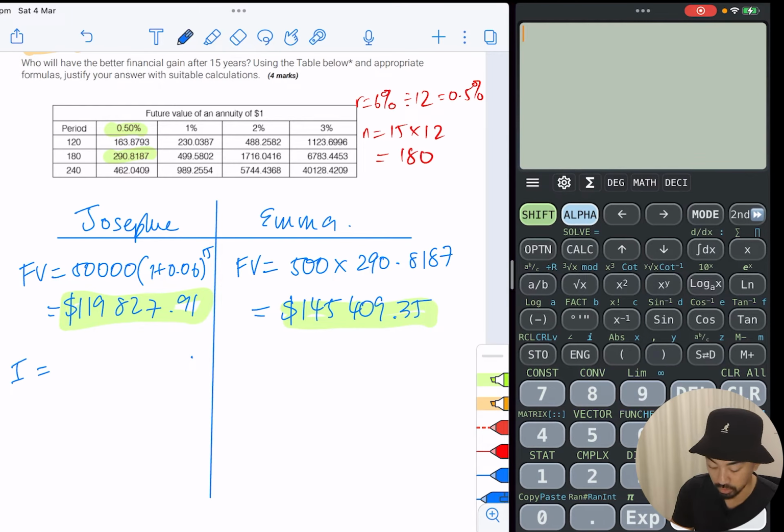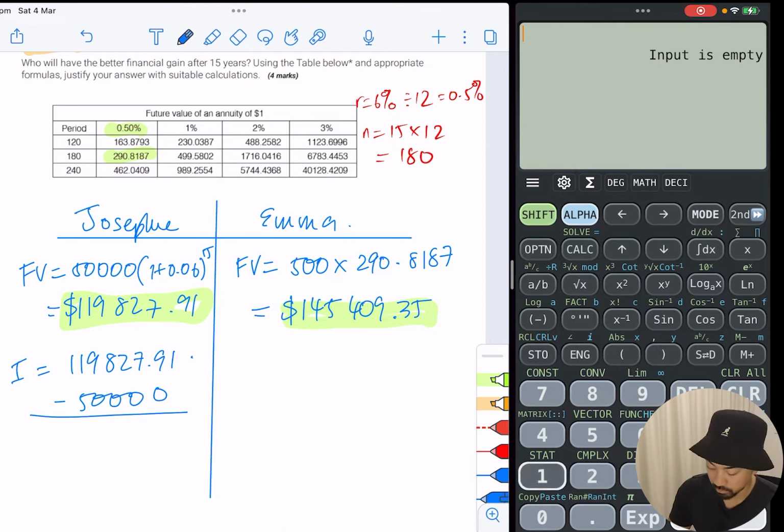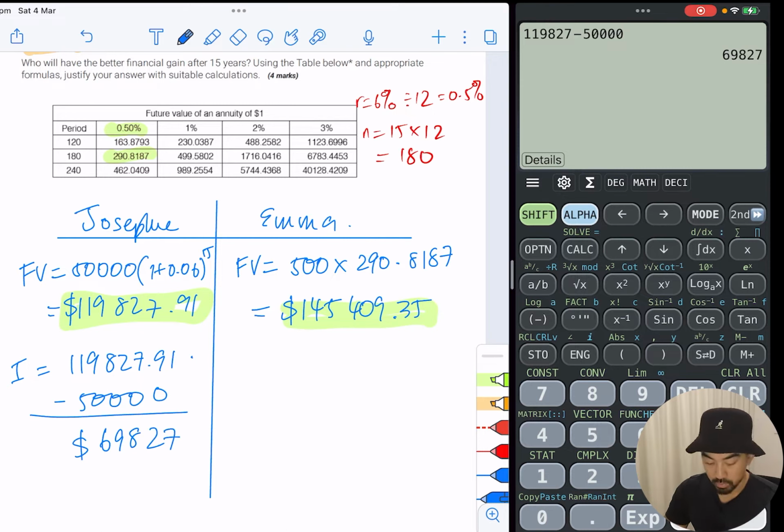So her interest is going to be the difference, minus 50,000, which is $69,827. So that's for Josephine.